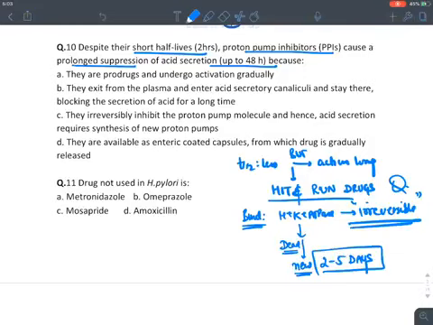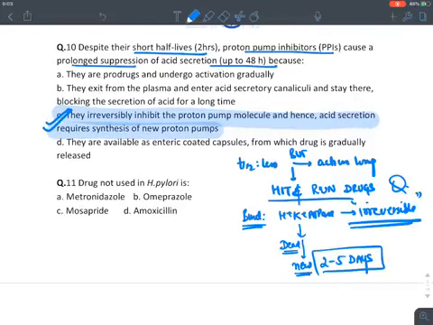So if you give one proton pump inhibitor, their action will last up to 2 days, and their activity will be regained after stoppage after 2 to 5 days. Okay, so this is the reason. So the answer for this option is they irreversibly inhibit the proton pump molecule, and acid secretion requires new synthesis of proton pump.